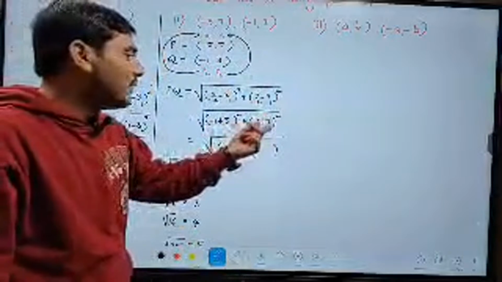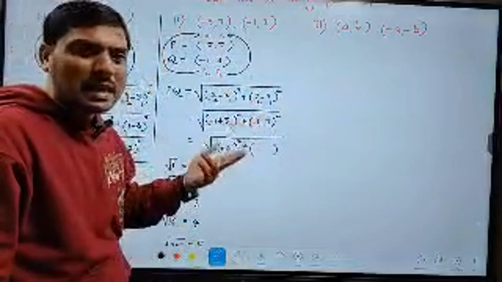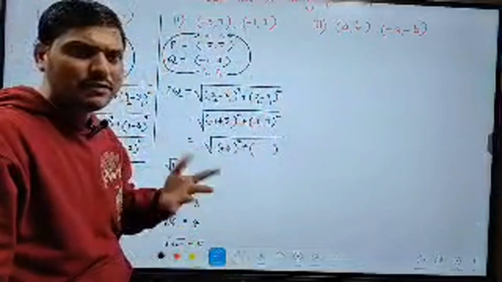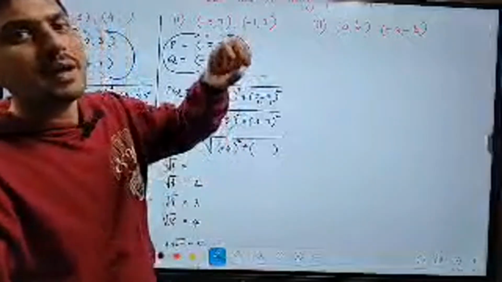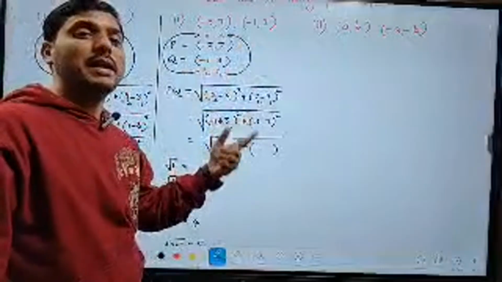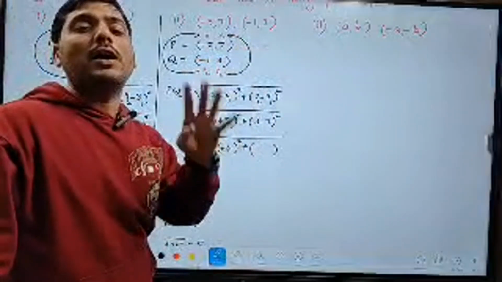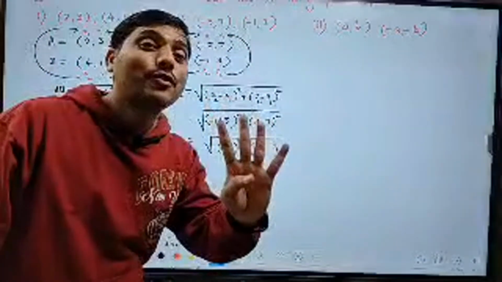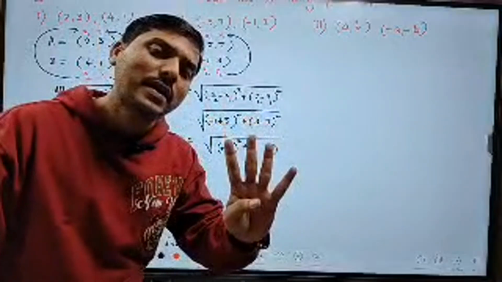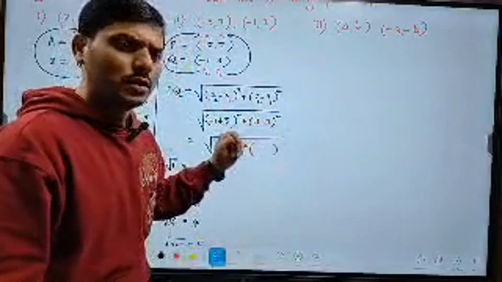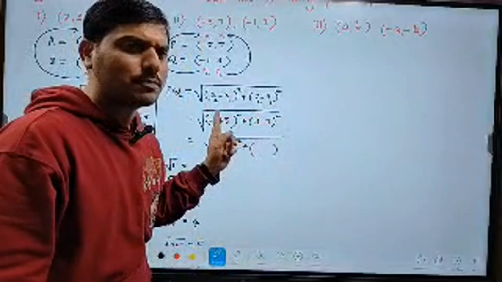Now tell me, 7 has minus, 3 has plus. Plus, minus, minus, plus, different signs, subtract. How to subtract? Small number subtracted from big number. 3 is small, 7 is big. 3 subtracted from 7, answer is 4. That 4 has which sign, students? Which number is big, that number's sign is taken. 7 is big, 3 is small. You cannot take the small number's sign.